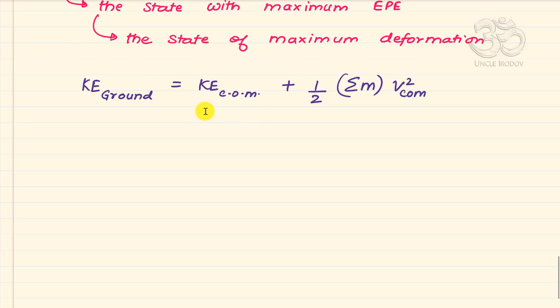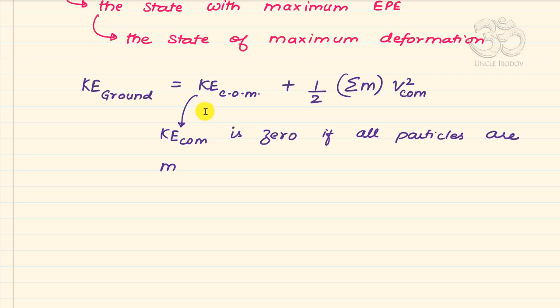Now KE in the center of mass frame is 0 if all particles are moving at the same velocity as the center of mass.